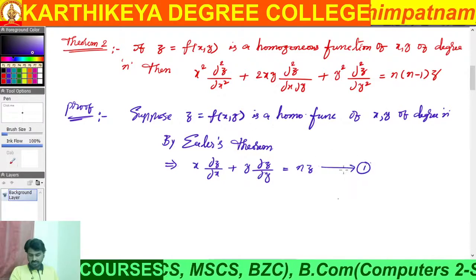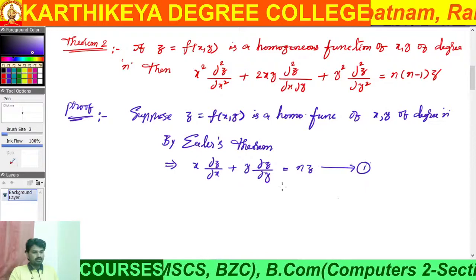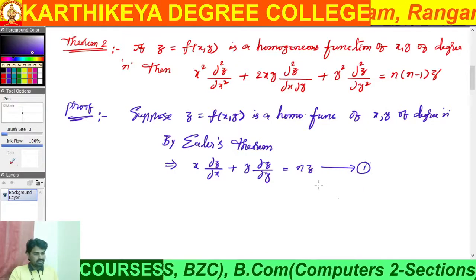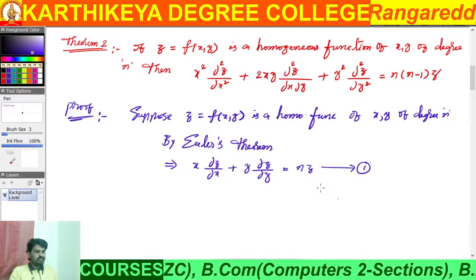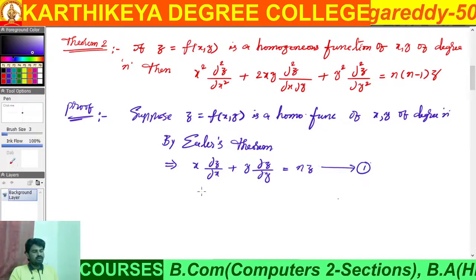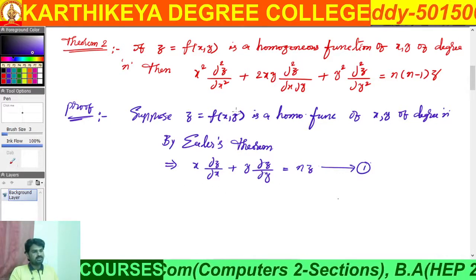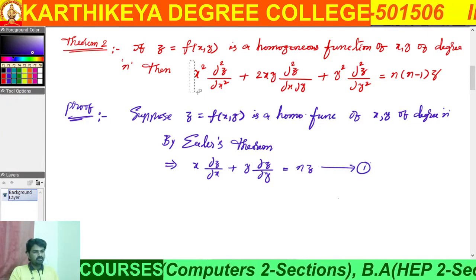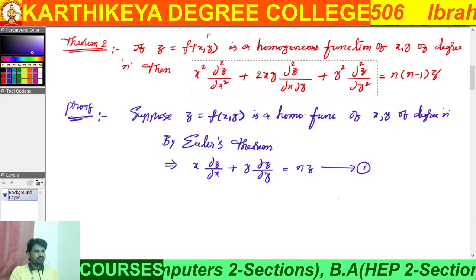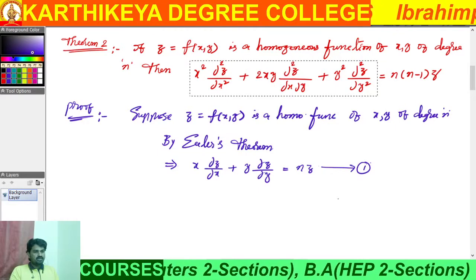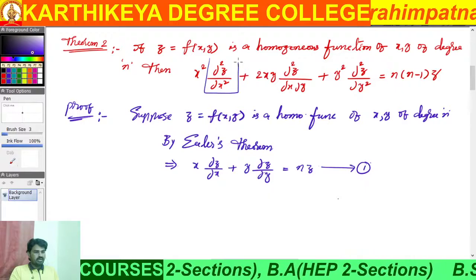This is equation 1. Now we can differentiate this with respect to x and with respect to y. Why should we differentiate with respect to x and y? Now we are going to prove this. You can observe that here dou square z by dou x square is there.